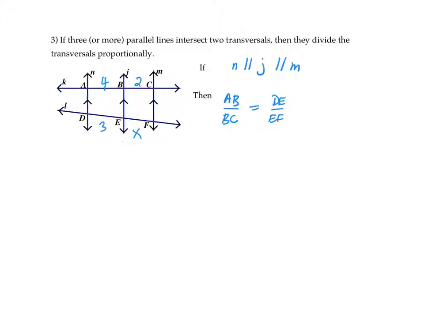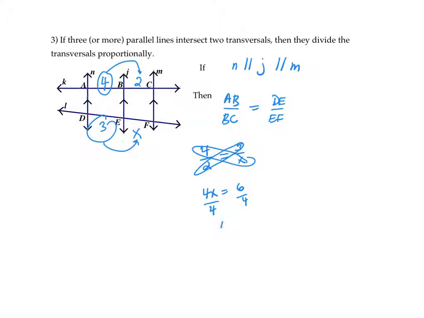So what we'd want to do is set up 4 over 2 and then set it equal to 3 over x. We'll cross multiply and get 4x is equal to 6, because 3 times 2 along that other diagonal is 6. Take and divide by 4, and you end up with x is equal to 1.5.